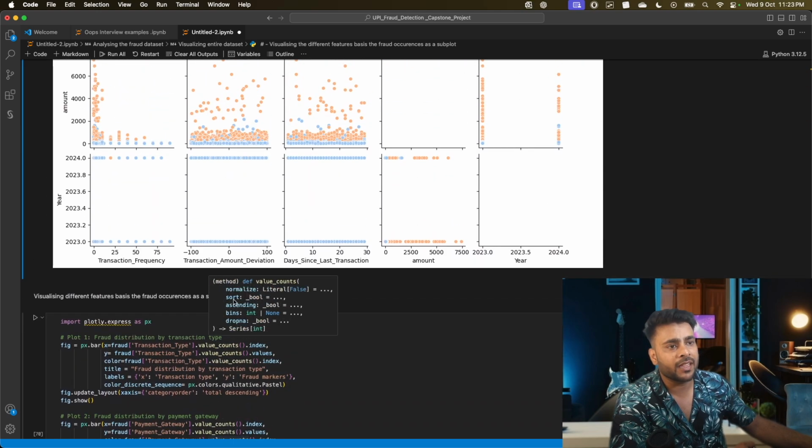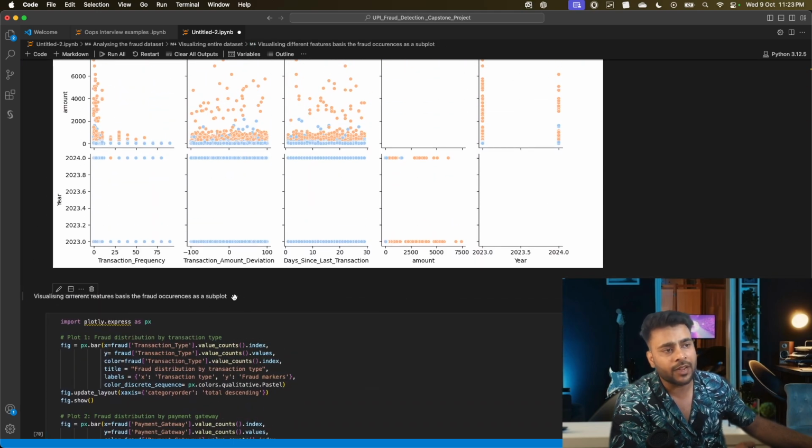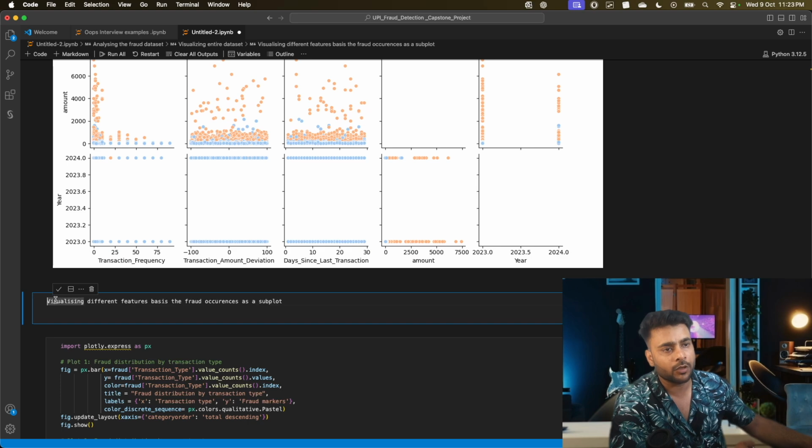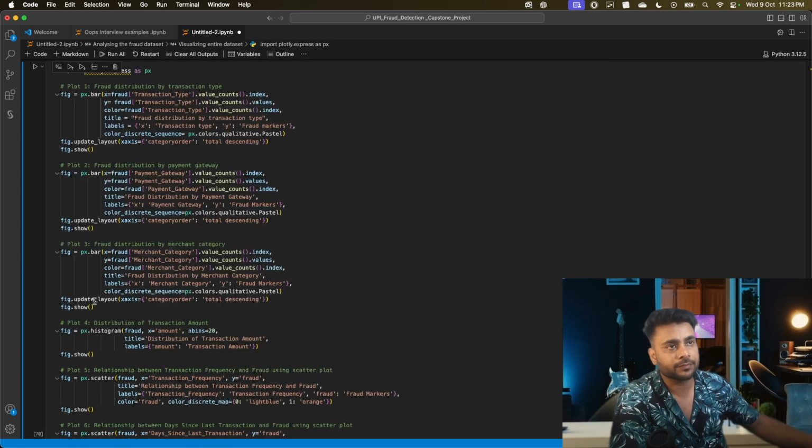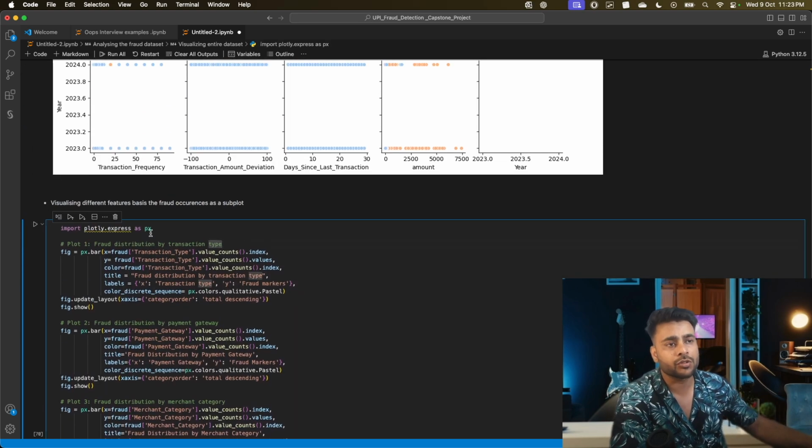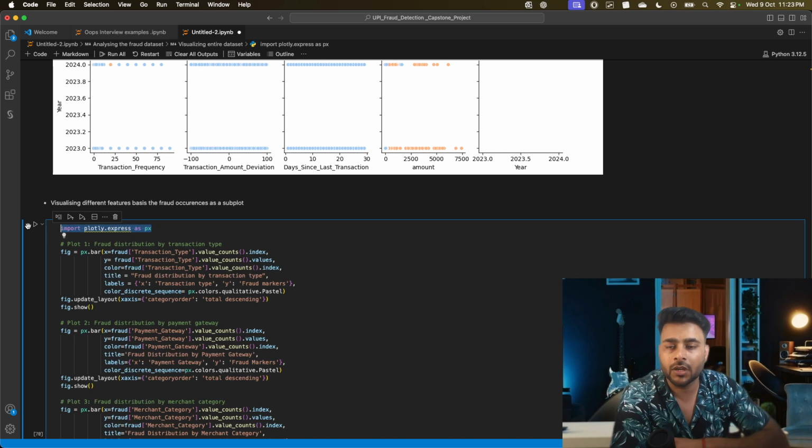Then I've used the fraud dataset. Now I have used Plotly Express. Plotly Express is a widely used data visualization library that has a variety of features.